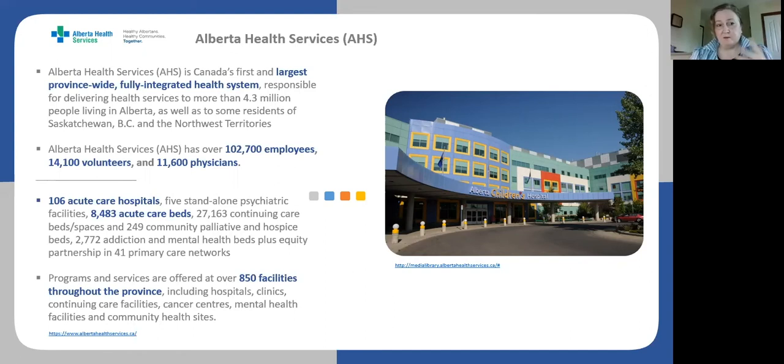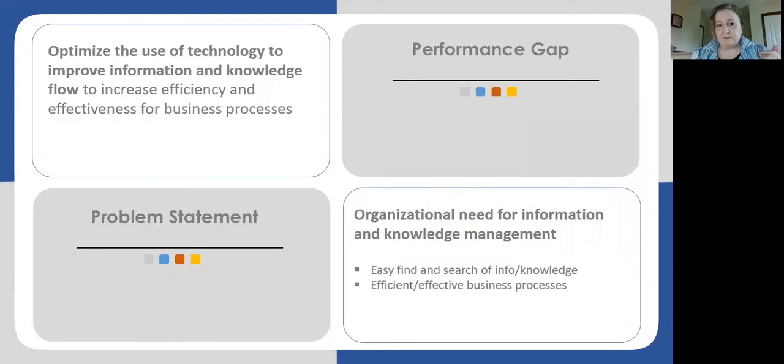So looking at Alberta's services and the size and all the other attributes that I have mentioned before, we really had to look at what the performance gap is, as we united from so many areas.